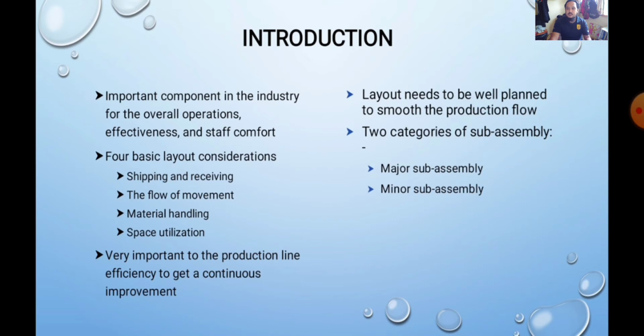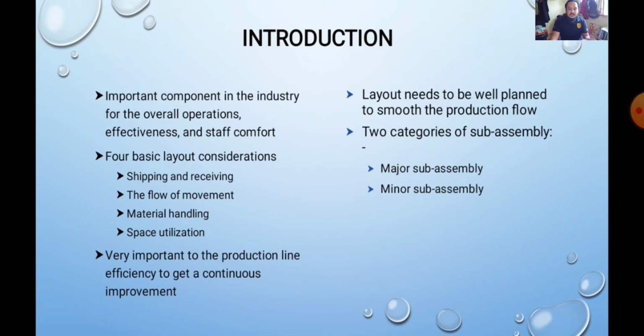And facility layout in the manufacturing industry is very important to the production line efficiency to get continuous improvement. So with a better placement in the manufacturing industry, it will reduce operating expenses by up to 50% and minimize the cost by up to 30% per year. So basically, the importance of plan layout in manufacturing is human comfort, which is the backbone of a successful company in product development in industry.